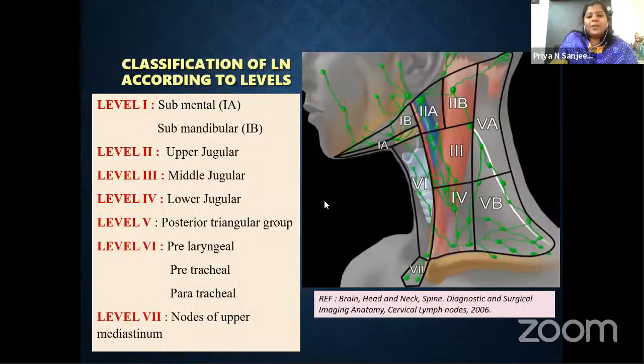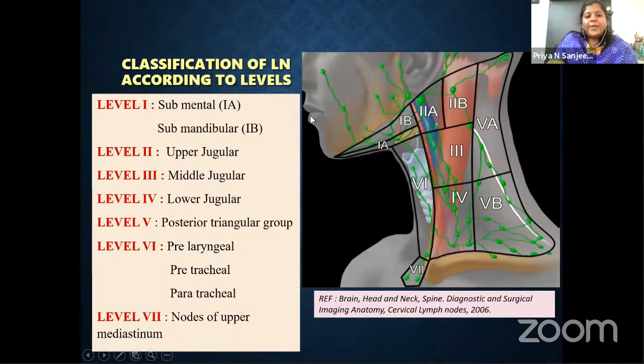So after knowing the type of specimen, we should know the different levels of involvement of the lymph nodes. The classification of lymph nodes according to levels is given by Robbins, and there are 6 levels.